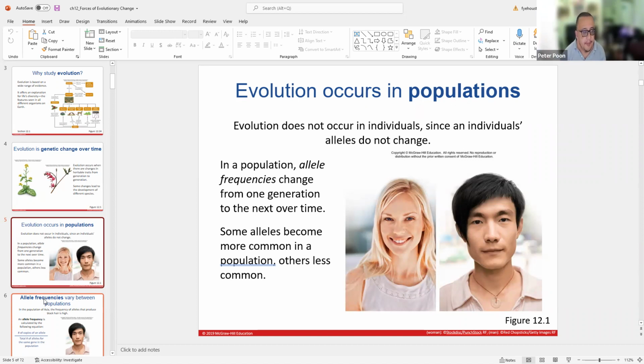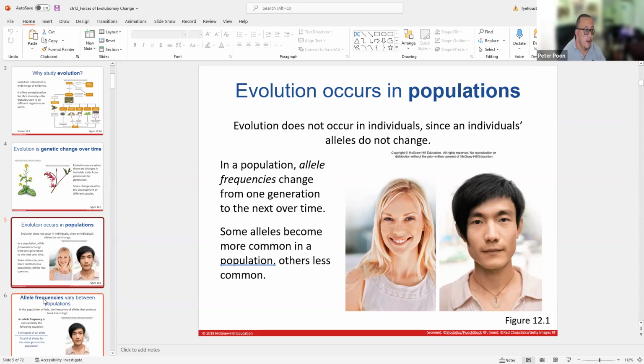In a population, allele frequencies change from one generation to the next over time. One generation at a time, there are small changes in allele frequencies, and they'll eventually build up to big changes.